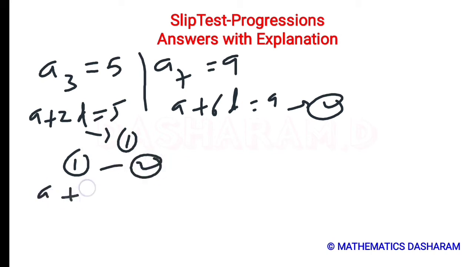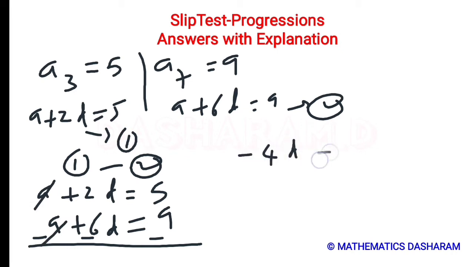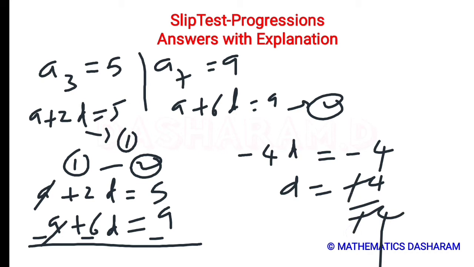Here a plus 2d equals 5 and a plus 6d equals 9. When you subtract the two equations, you should change the symbols. So plus a minus a cancels. 2d minus 6d is minus 4d and 5 minus 9 is minus 4. Then d equals minus 4 by minus 4. Minus cancels, so d value is 1.